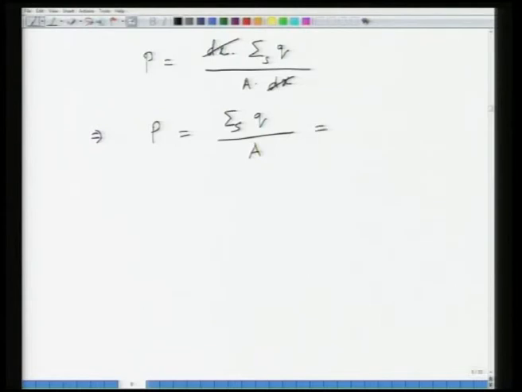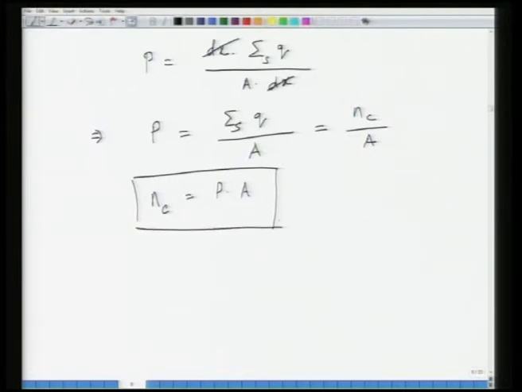Nc, right, divided by A. So, Nc becomes equal to P times A. So, total surface charge is nothing but polarization multiplied by the surface area.